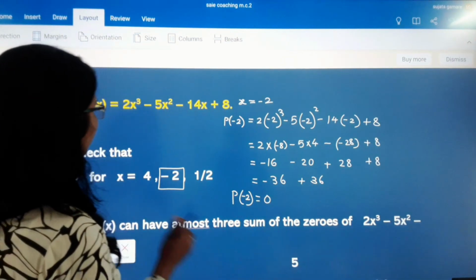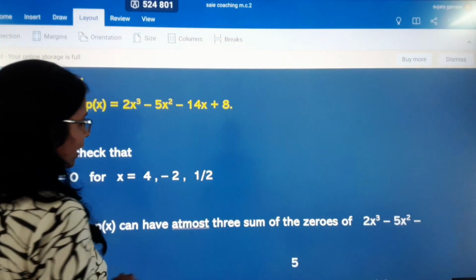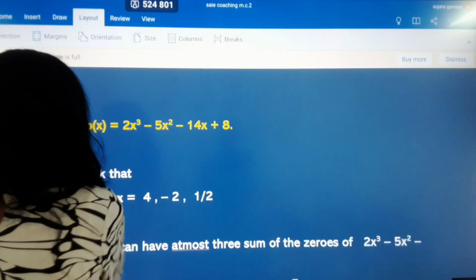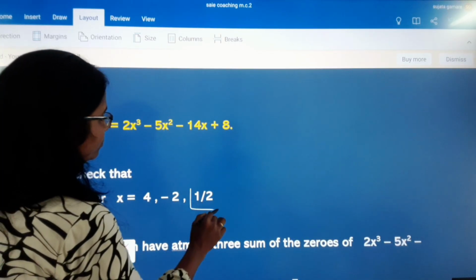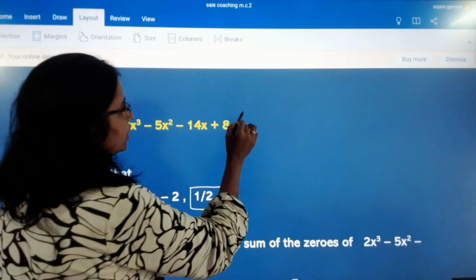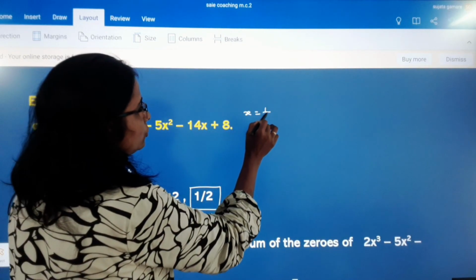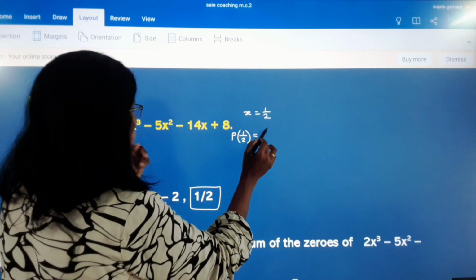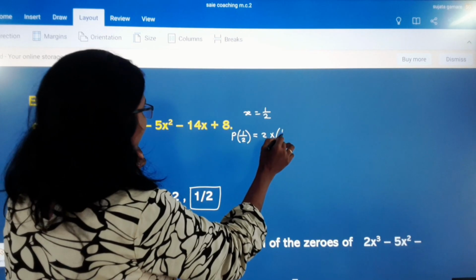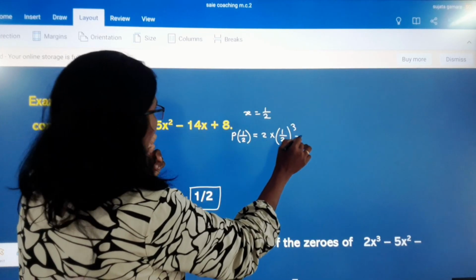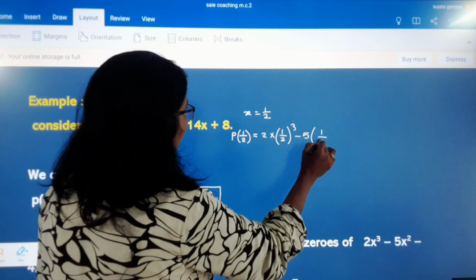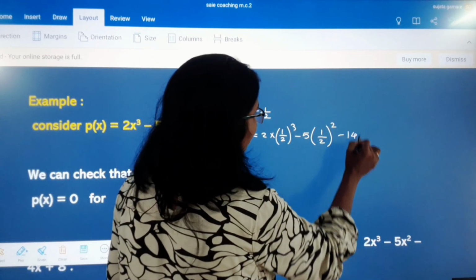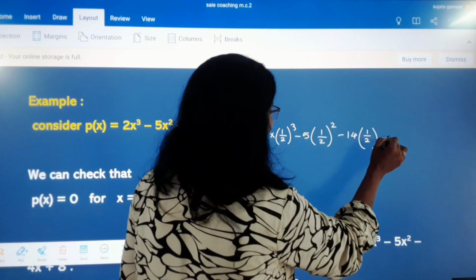Now the next step: check at the value 1 upon 2. At x equal to 1 upon 2, p of 1 upon 2 is equal to 2 multiplied by the cube of 1 upon 2, minus 5 times the square of 1 upon 2, minus 14 into 1 upon 2, plus 8.